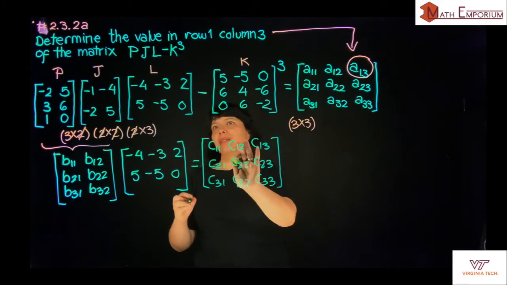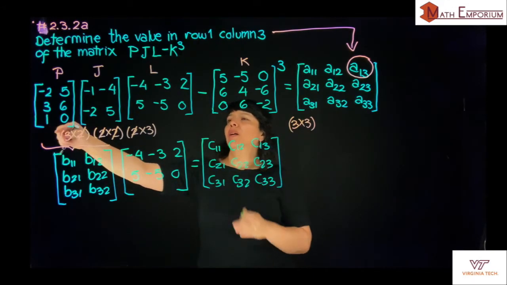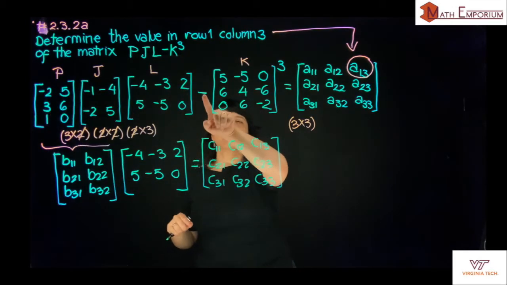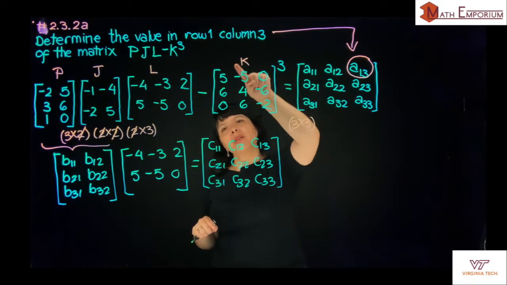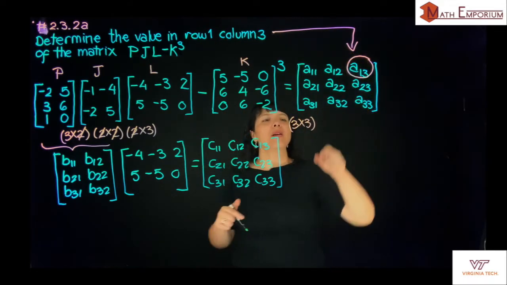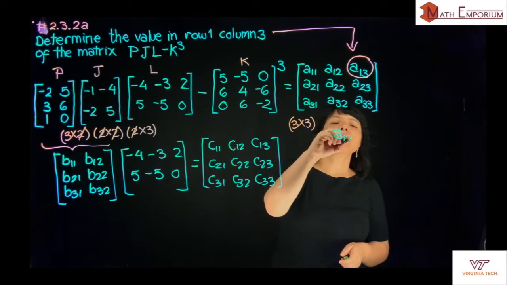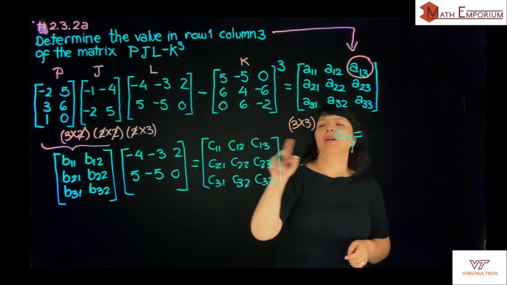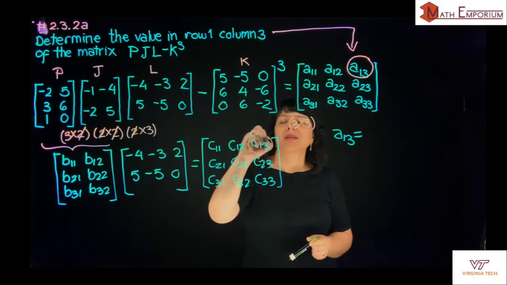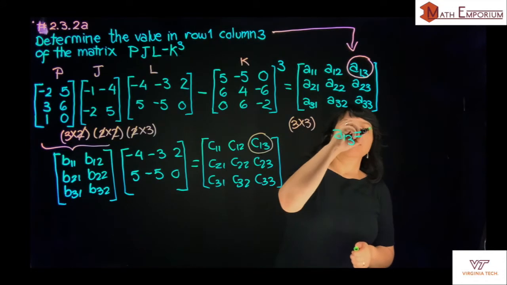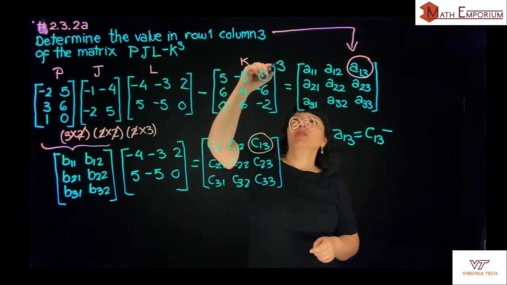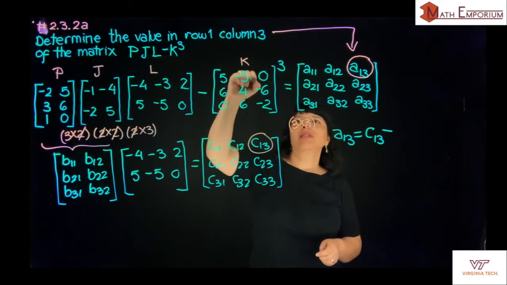Now this matrix C, which corresponds to the product of all of these matrices, is the one from which I'm going to subtract K cubed. To arrive at this number, A13 will be the result of taking the number in the same position, C13, minus the number corresponding to K cubed that will be here.